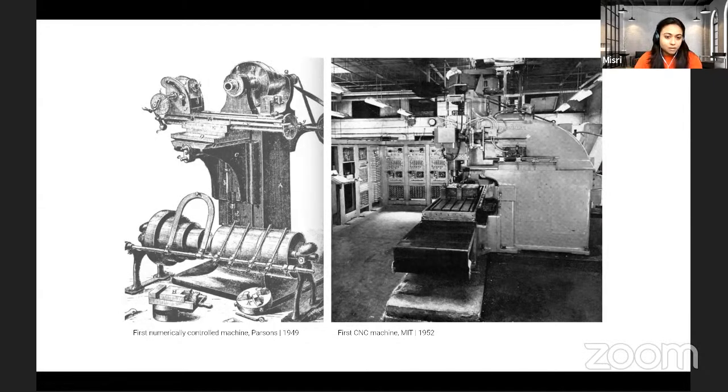Perfect. So these two images in front of you are from when this idea of numerical control was first conceived. What you see on the left here is that while making blades for choppers and stuff like that, they would almost always have to fully handcraft the panes, which also means precision was not up in the air because they were really skilled craftsmen, but that also meant more wait time to make every piece.